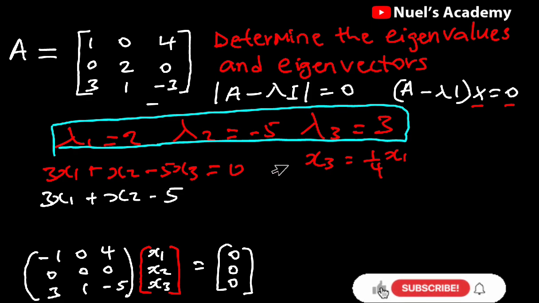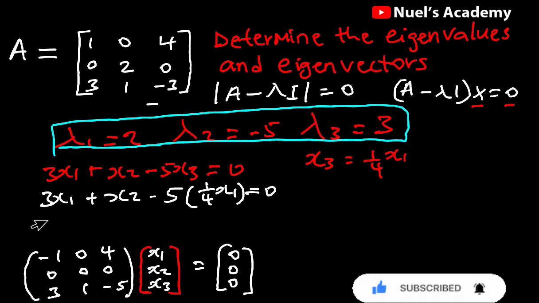Now this x3, from here we have that x3 is equal to 1 over 4 x1. So let's replace x3 with 1 over 4 x1. Then this will be equal to 0. Now we have 3x1 plus x2 minus 5 times 1 over 4 x1, we have 5 over 4 x1, is equal to 0.